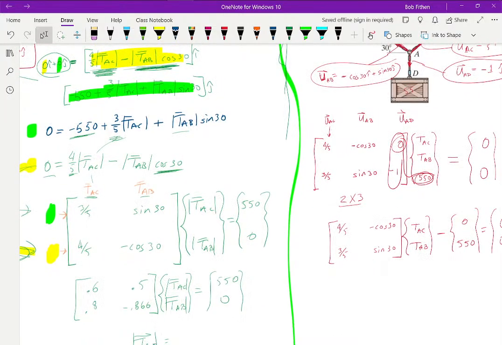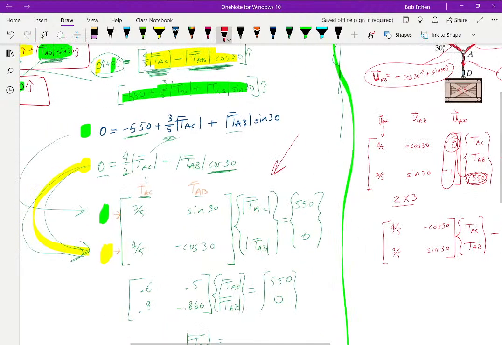Now, I did something kind of goofy that I usually don't do over here. If you notice, the yellow is the X, and I put the X down here and the Y right here. So I simply swap the two equations. And so this is essentially what you see here, that I swapped the two equations.